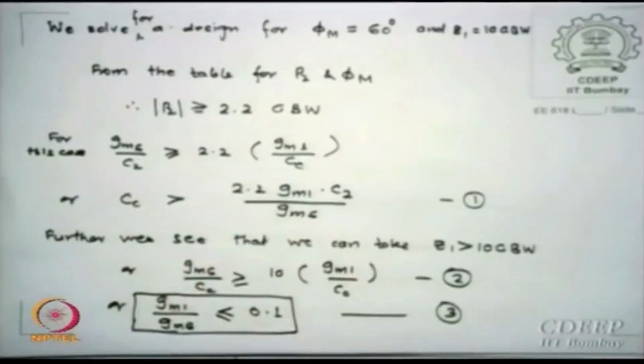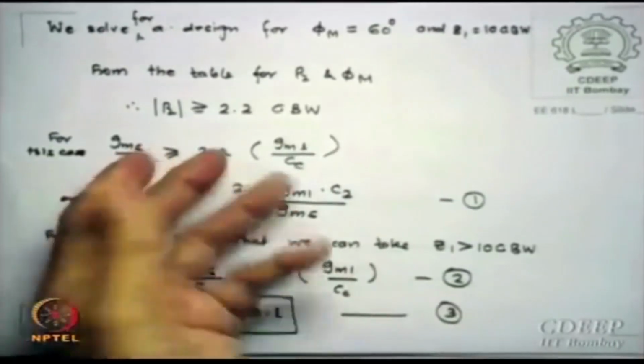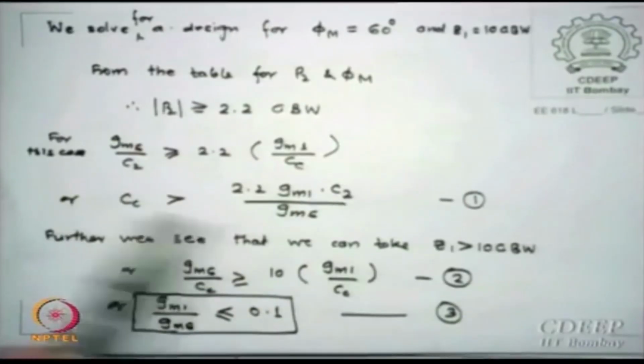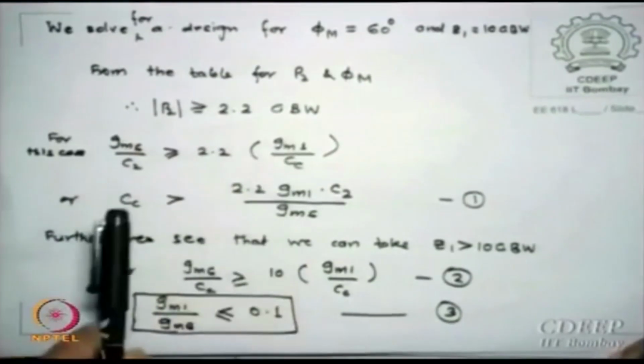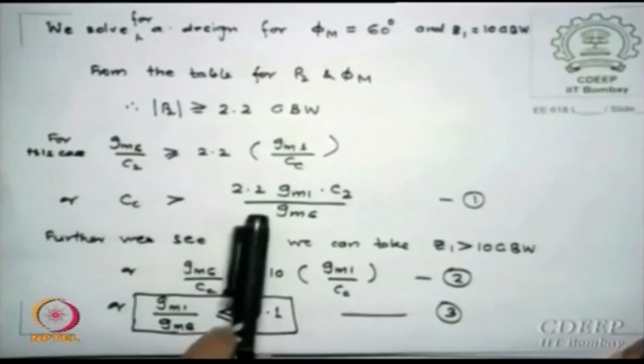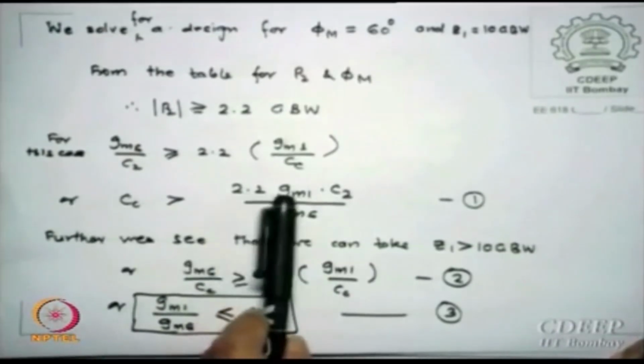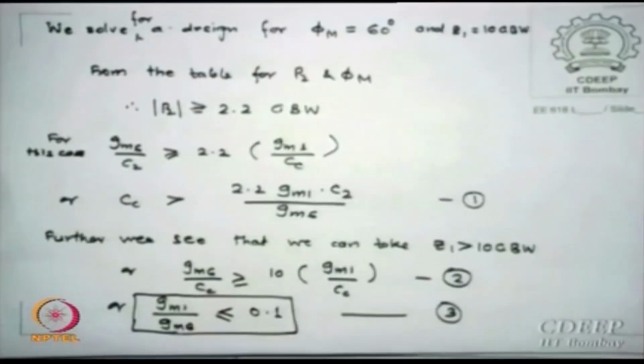What is the gain bandwidth product? gm1 by Cc. So from this inequality, I want Cc should be greater than 2.2 gm1 C2 upon gm6. What is the effort going on? For this phase margin, what is the value of Cc I want to know, at least in terms of C2 if not.